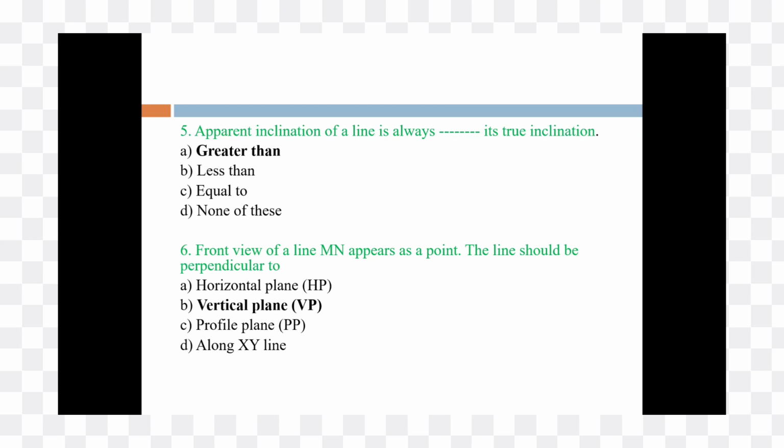The condition is that the front view of the line MN appears as a point. The front view will be a point when the line is perpendicular to the VP only. So here the answer will be B: the line should be perpendicular to the vertical plane.